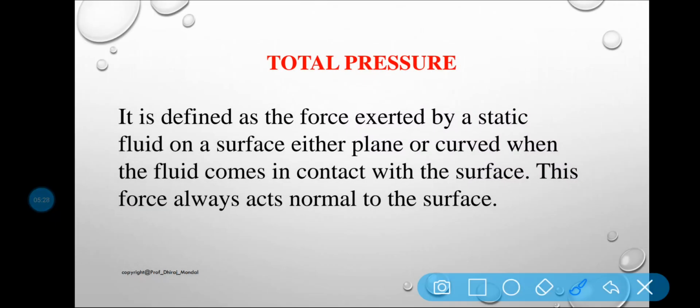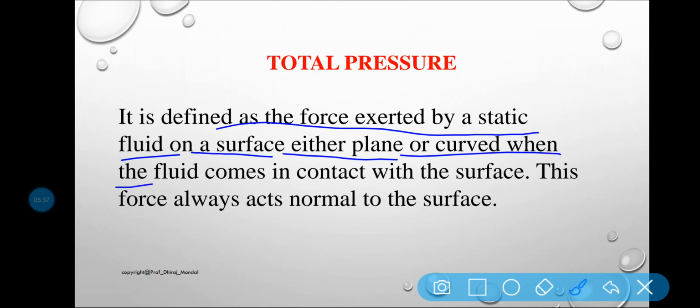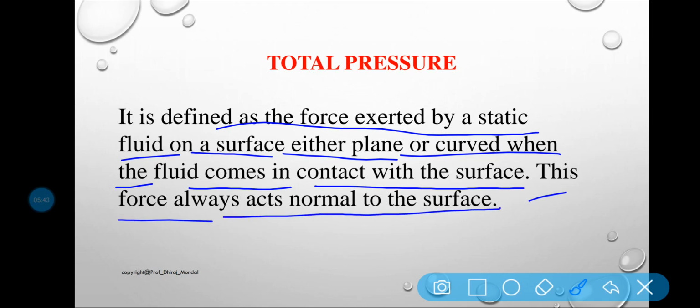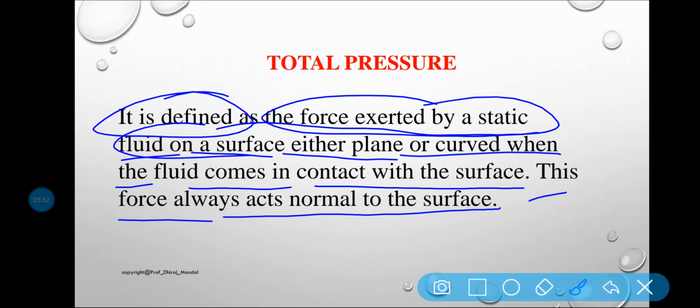Total pressure is defined as the force exerted by a static fluid on a surface, either plane or curved, when the fluid comes in contact with the surface. These forces always act normal to the surface. See, what is total pressure? Basically, it is defined as the force exerted by a static fluid on the surface.